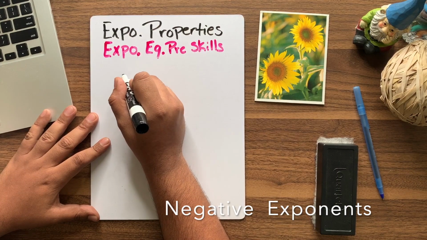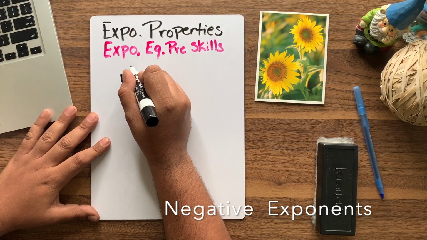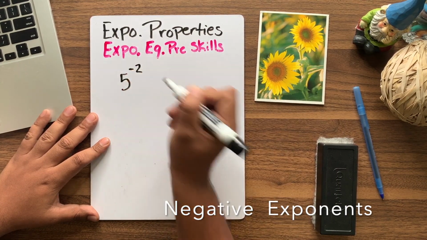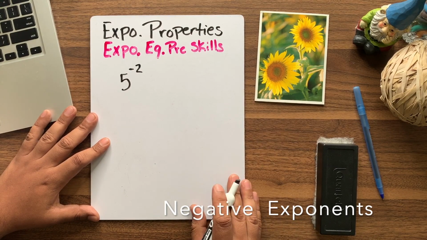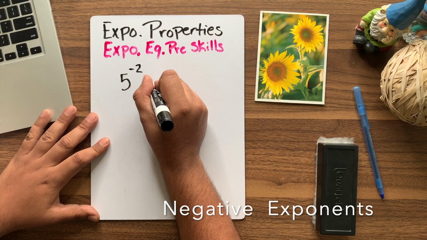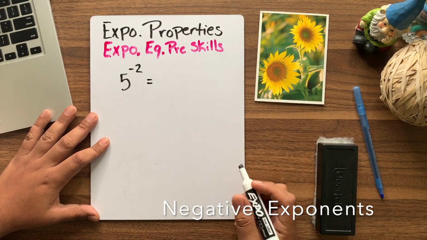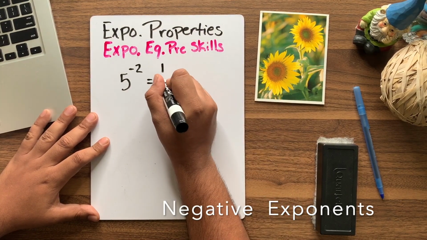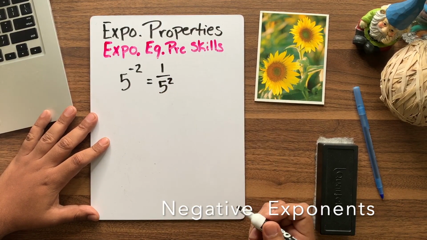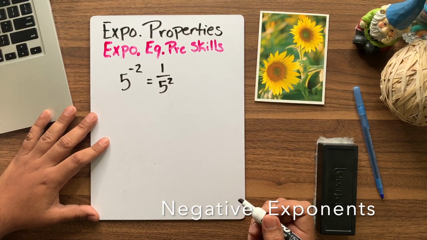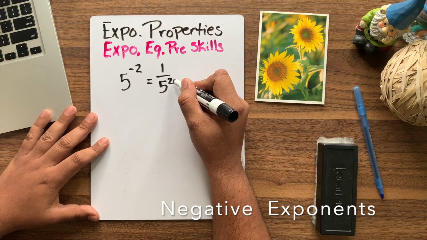Okay, what happens if you have 5 to the power of negative 2? We still have to follow the concept of the negative, so this is still a fraction, but it's slightly different now because it's 1/5 to the power of 2. So the negative still indicates a fraction, you just have to make it power of 2 on the bottom.